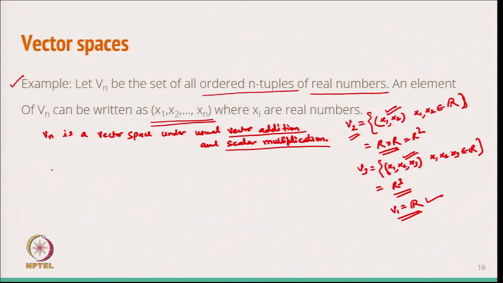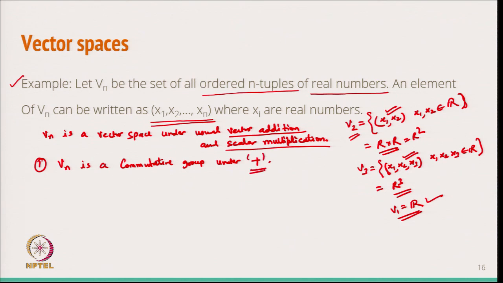So, how can we define it? We can show it by showing the properties. The first property is that Vn is a commutative group under addition.